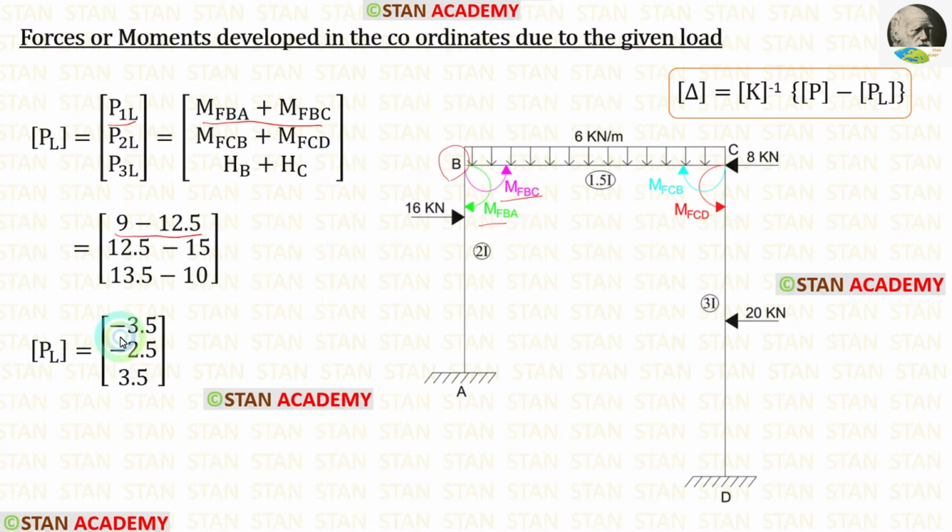After adding, we are getting minus 3.5. Our second coordinate is in the point C. In the point C, we have calculated two fixed end moments, M of CB and M of CD. To find P2L, we have to add both of them. After adding, we are getting minus 2.5.